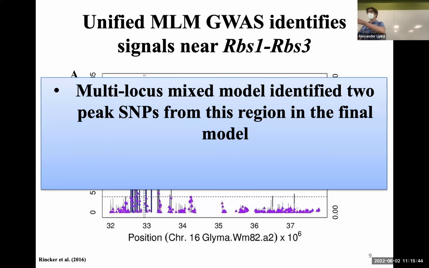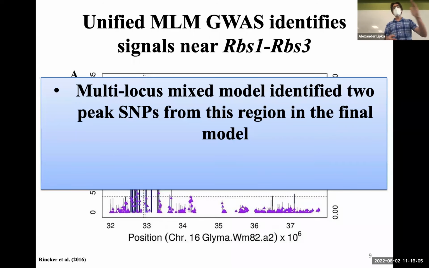The underlying rationale is that we can account for multiple potentially independent signals in one statistical model, and that can help us refine our understanding of a region with a whole bunch of peak associated SNPs.